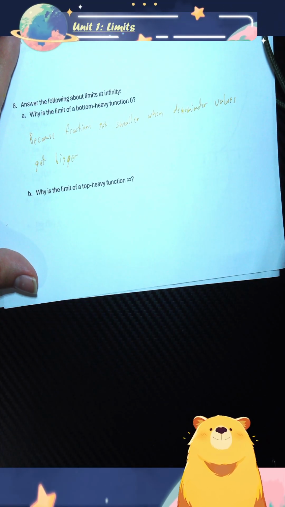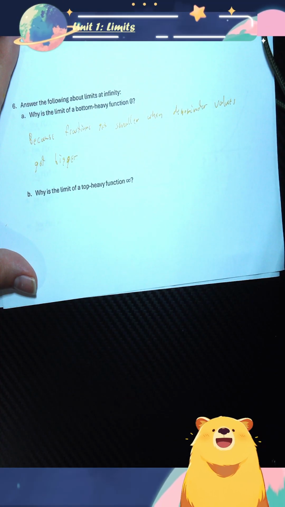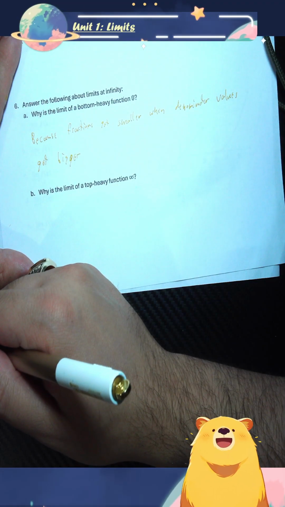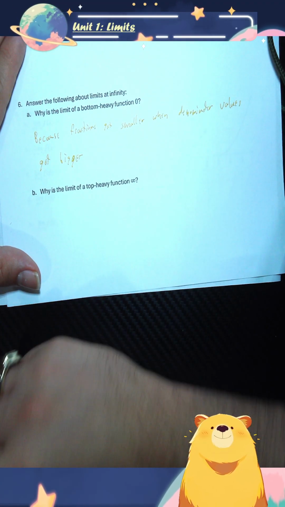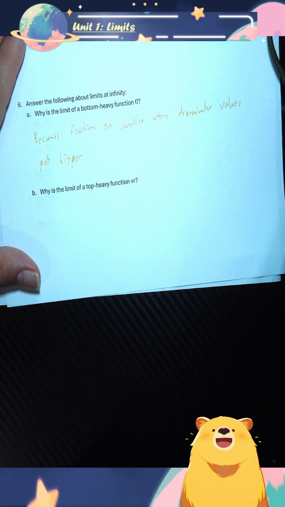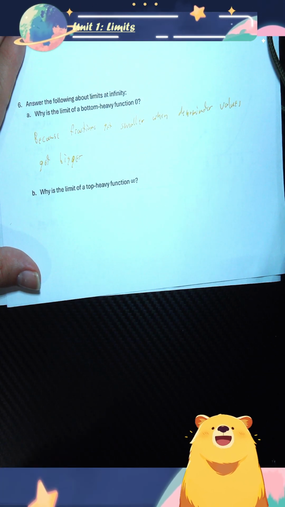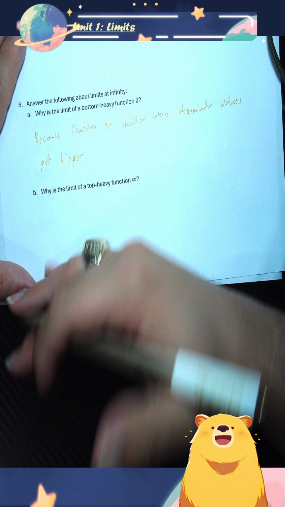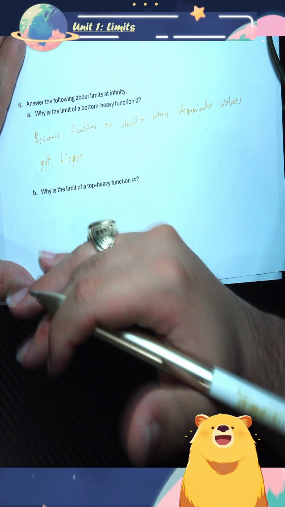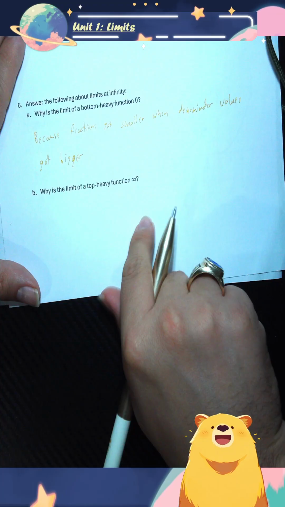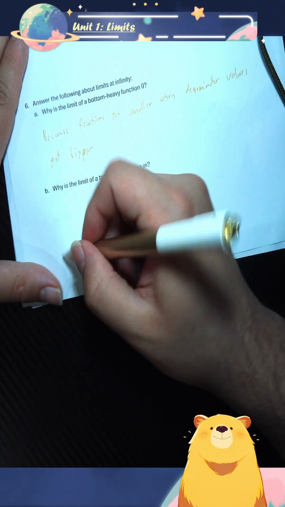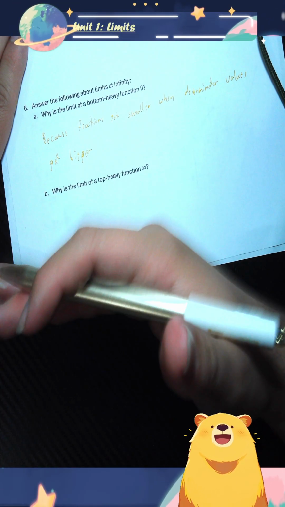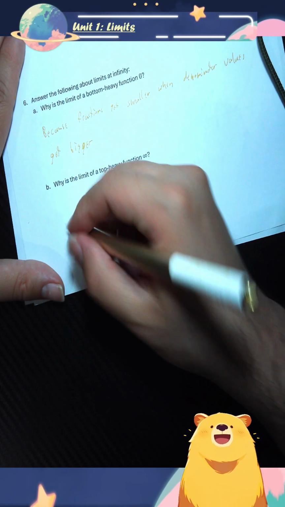Okay. Why is the top heavy function infinity? Similar vibe. The gimmick here is that regardless of how much the denominator is increasing, if the numerator is increasing at a faster rate, which it would be if it's a higher degree, given that it's top heavy, then it's going to keep increasing, and no matter what you divide it by, it's still just going to keep going towards infinity.